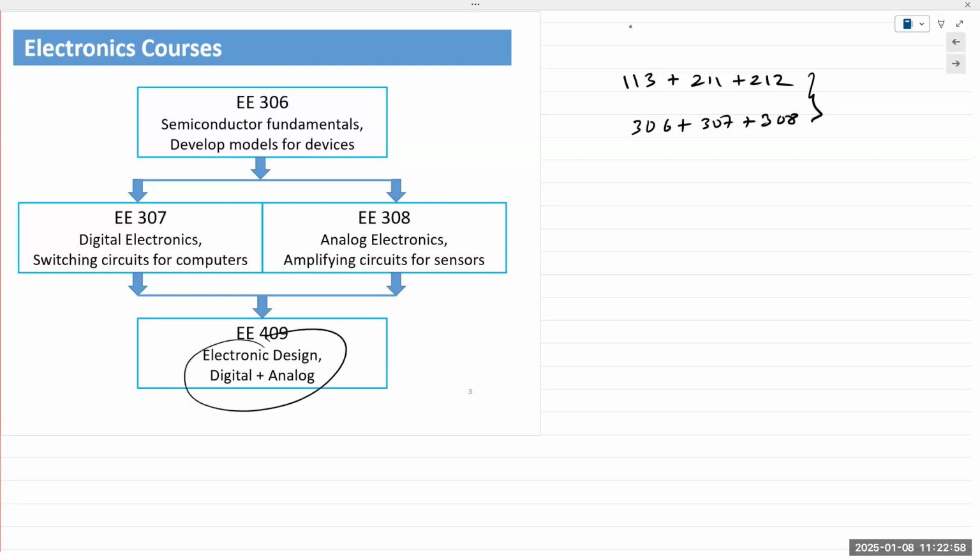Case in point, for example, would be a smartwatch or a smart device, which has multiple analog sensors plus digital circuitry to process those. Okay, and so that's something that you would do in 409. Anyway, so just as 113 is fundamental and important for circuit analysis, 306 is fundamental and important for the rest of these classes.